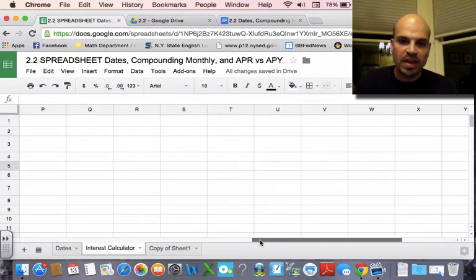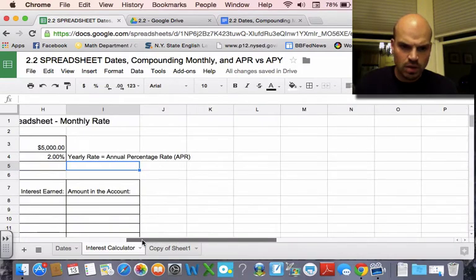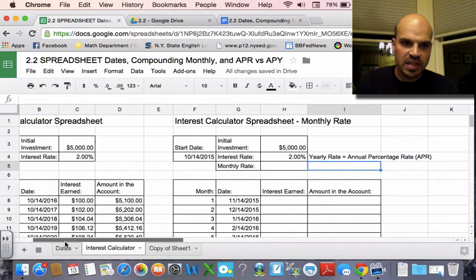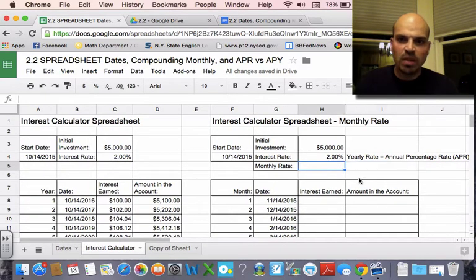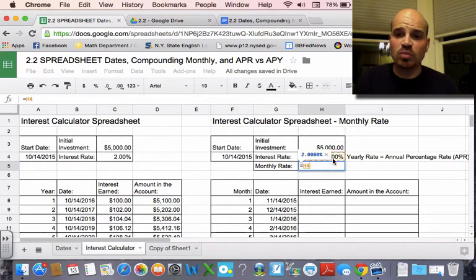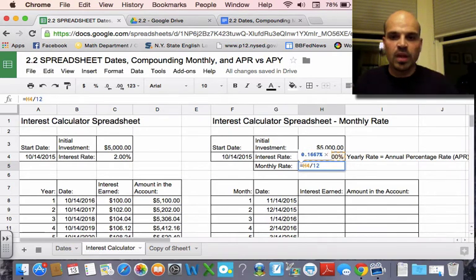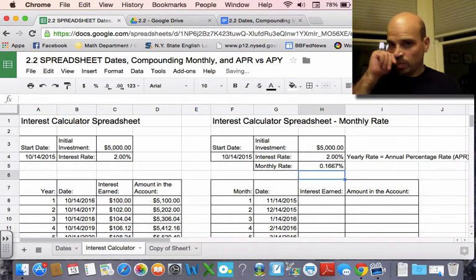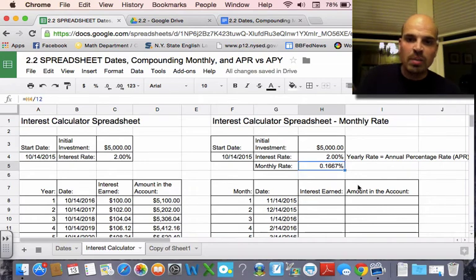Well, one thing that banks do is they say, okay, we're going to take your yearly rate of 2%, and we're going to divide that by 12, because obviously there are 12 months in a year. So now my monthly rate, if I took my 2% and divided it by 12, would be 0.1667% per month on my interest.